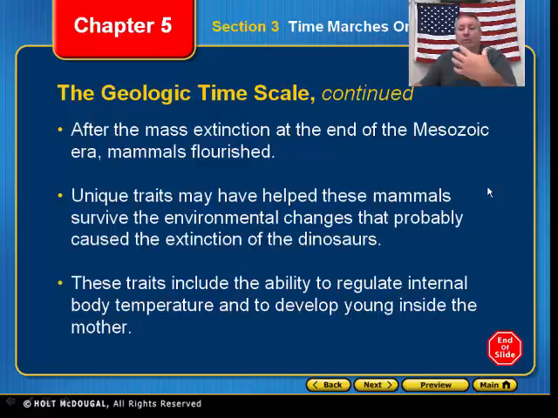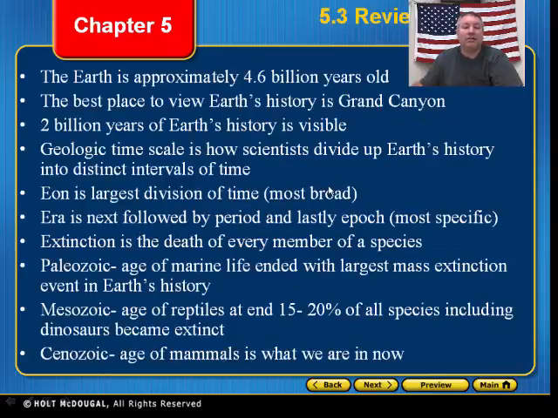We started being more and more of us because we were better suited for the environment that was left after the end of the Mesozoic era. Some of these traits were to regulate our internal body temperature and develop young inside the mother. Those things helped us survive that mass extinction event that happened at the end of the, not Cenozoic, the Mesozoic era.